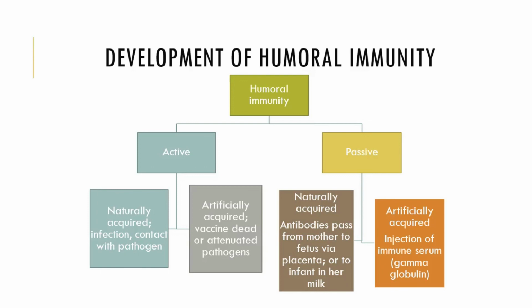And then for artificially acquired passive, that's where the antibodies produced by someone else are purposely given to a person to provide immunity. In the hospital setting or in some sort of first aid setting, an example is anti-venom. Anti-venom is used to treat certain venomous bites and stings, and it's really strong, so it's recommended only if there's a significant toxicity or a high risk of toxicity in the body.